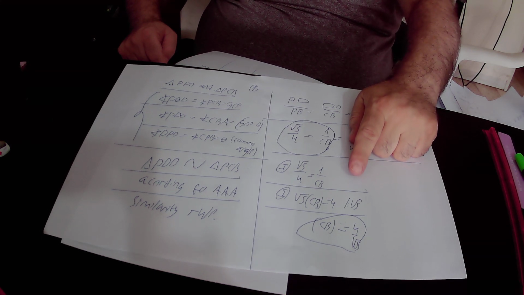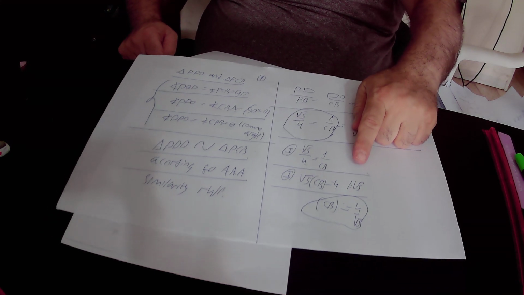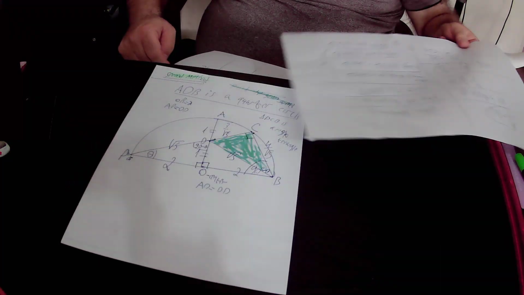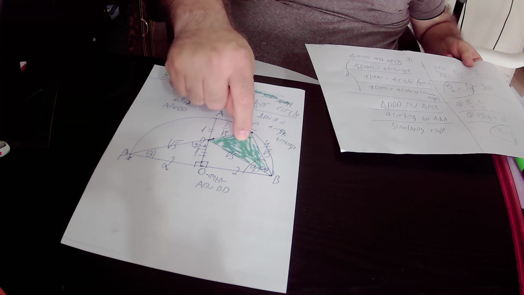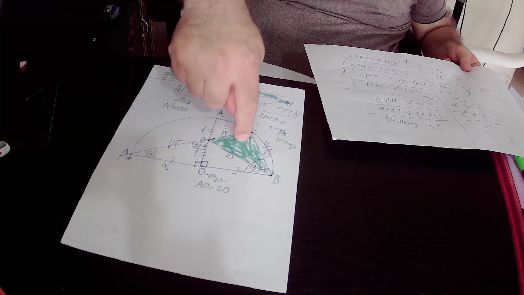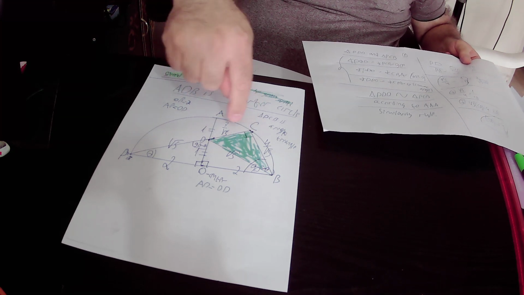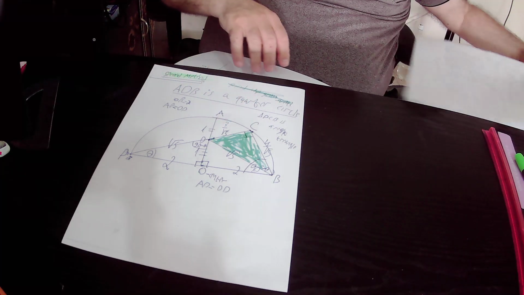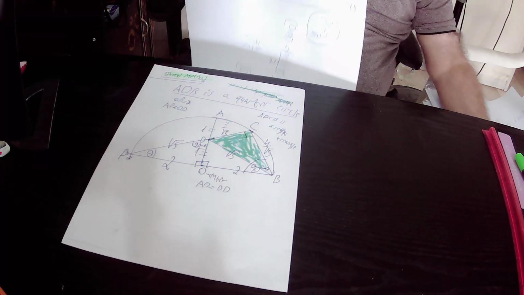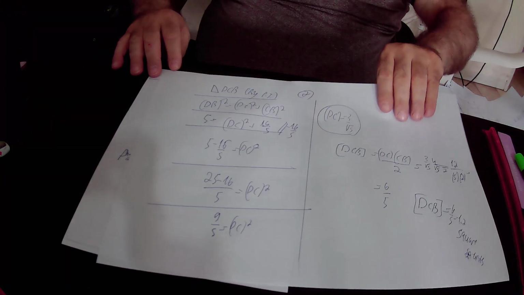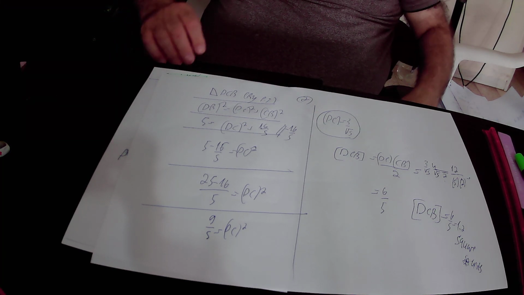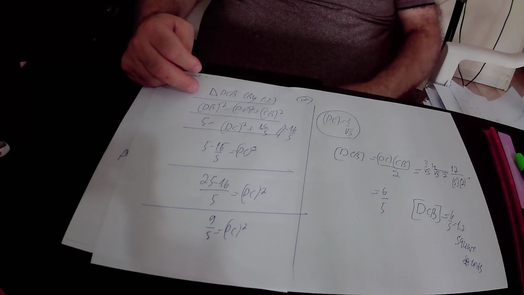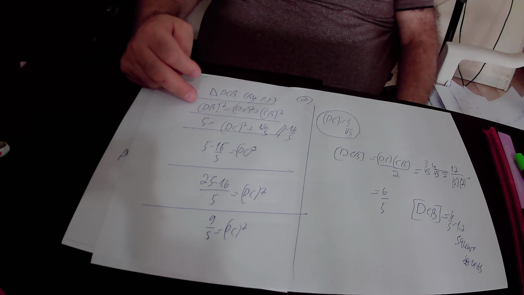We divide this equation by square root of 5, and we find that CB equals 4 over square root of 5 units. Then we implement the Pythagoras theorem on this right blue triangle DCB in order to find the side DC. According to the Pythagoras theorem, DB square equals DC square plus CB square. DB is square root of 5, so DB square is 5.